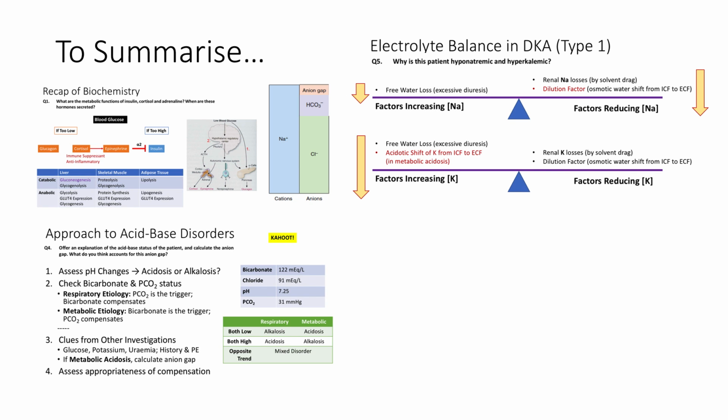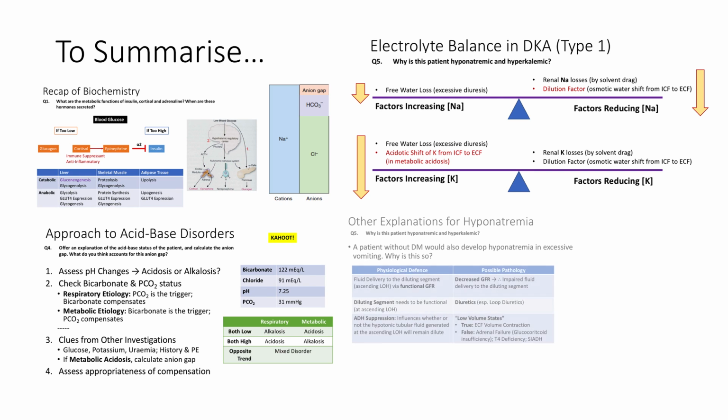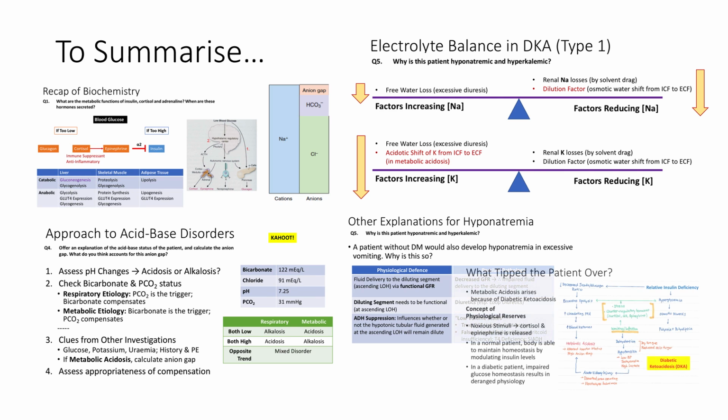We also explored the causes for electrolyte imbalance in a ketoacidotic patient, and what factors could outweigh each other to cause different kinds of electrolyte abnormalities. We also looked at an approach to hyponatremia, which I think you should all remember. Never forget this three-part approach, because it is very clinically relevant.